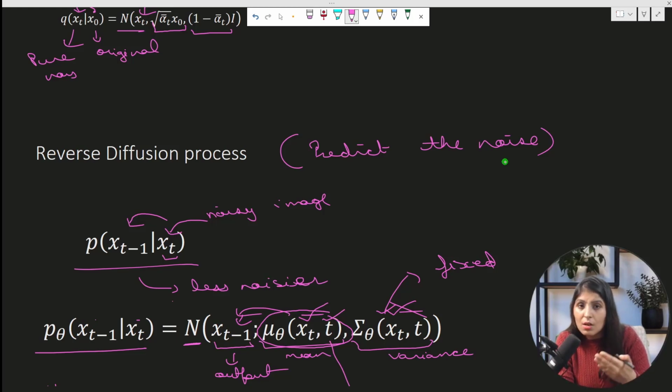Once our model predicts the noise, we can subtract the predicted noise from the image, and then step by step we can reduce the amount of noise at each time step, and that's how you'll get the actual image x0.